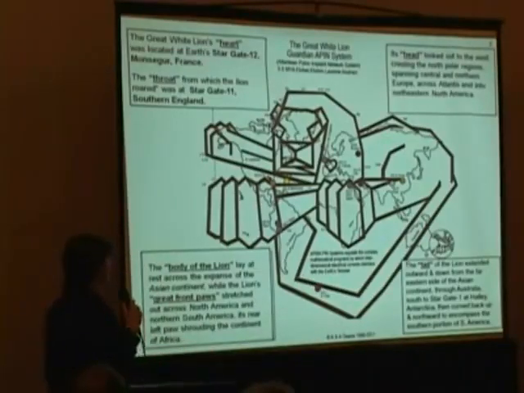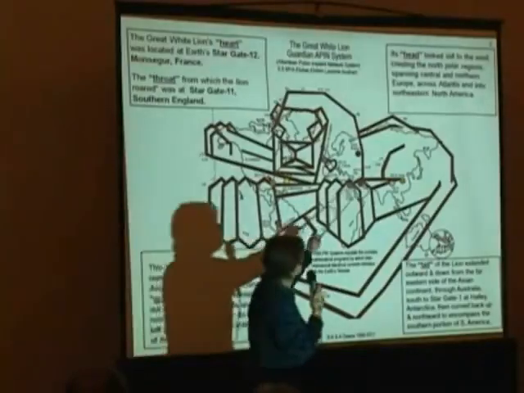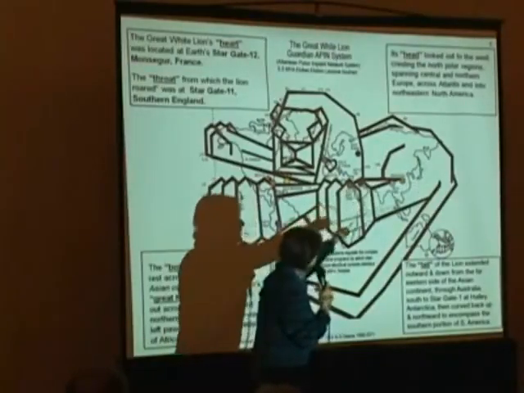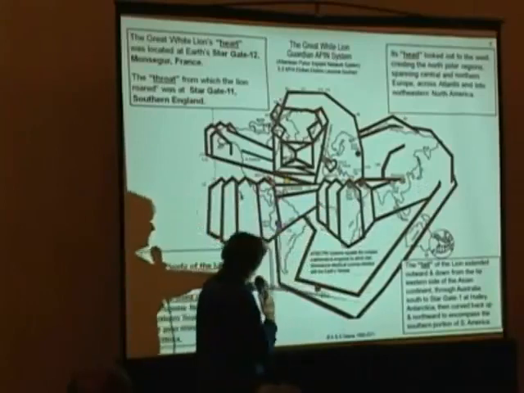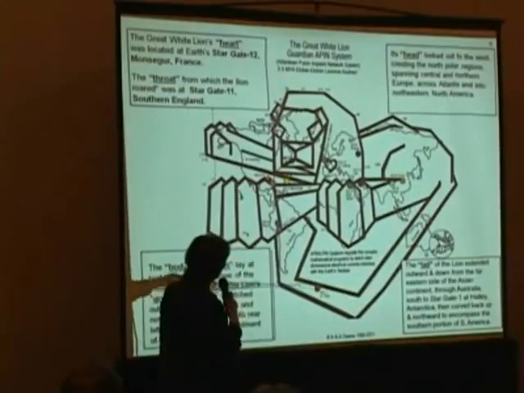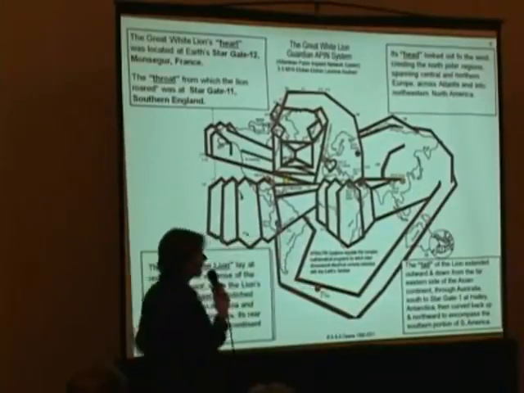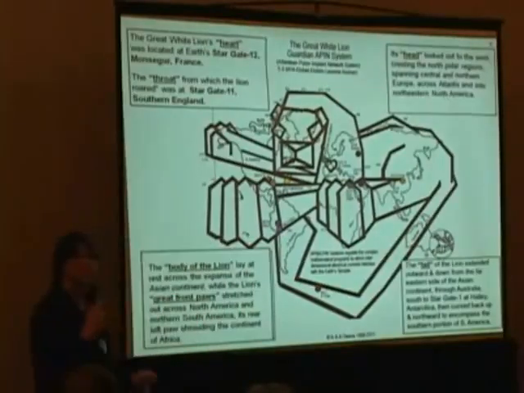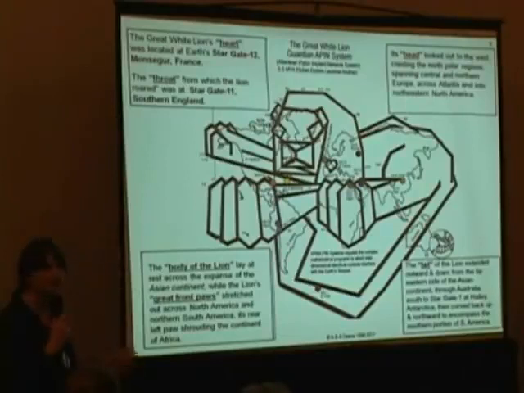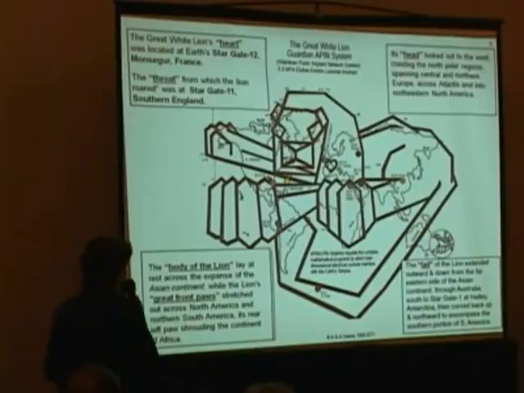The tail of the lion extends basically from here, Asia, comes down around here through Australia, down around here is the South Pole, and encompasses part of Southern America. When you look at these diagrams, if you just trace over them, you can start to really pick up some frequency and some understanding.